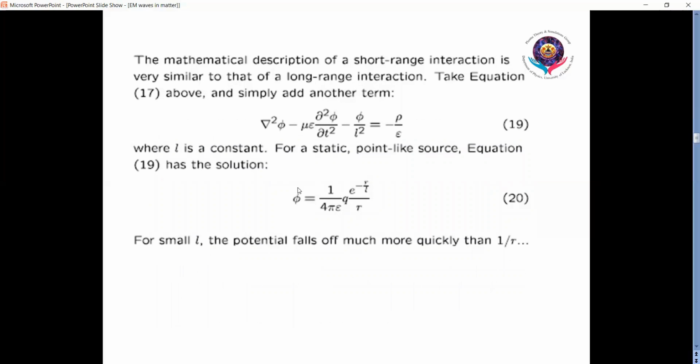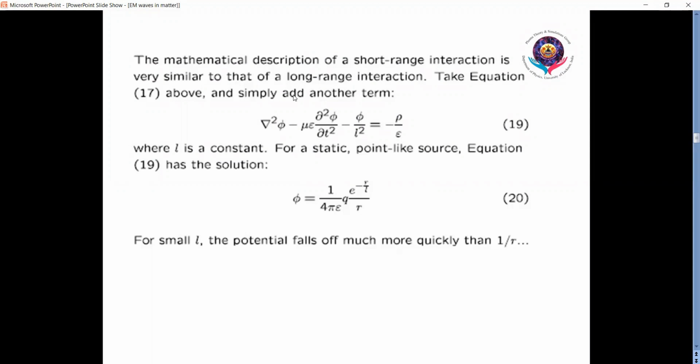Like I talked just now about the equations of telegraphy, or the wave equation in terms of the scalar potential phi, we can reduce that equation to this. And for a point like source, this equation can be further reduced to this.